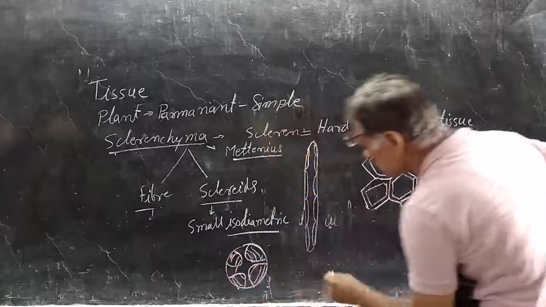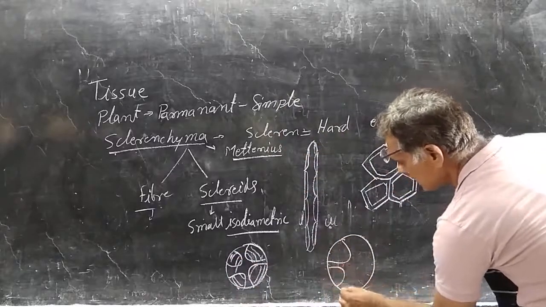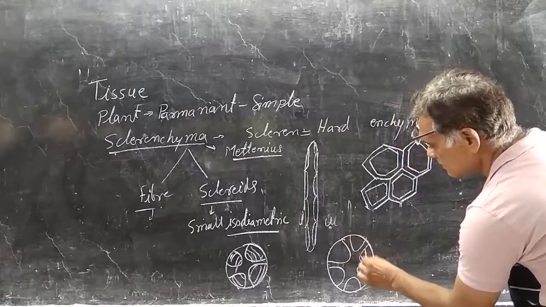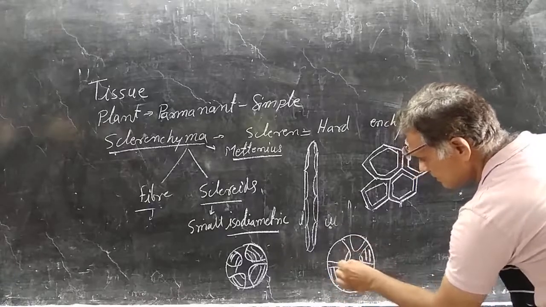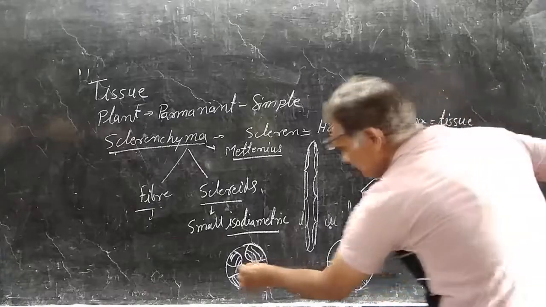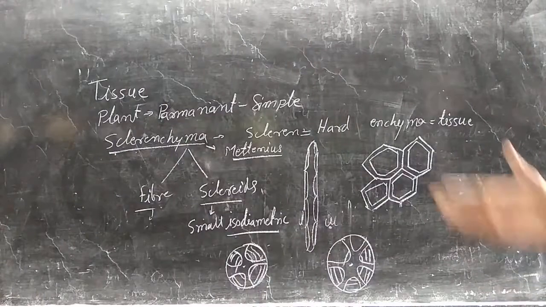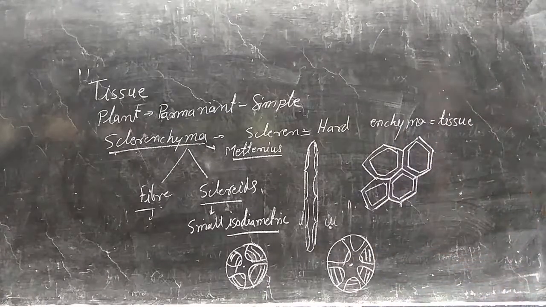Due to deposition of different cell wall material, their cell lumen, the central lumen, is again greatly reduced. Both types of cells, fibers and sclereids, differ according to their shape and size.